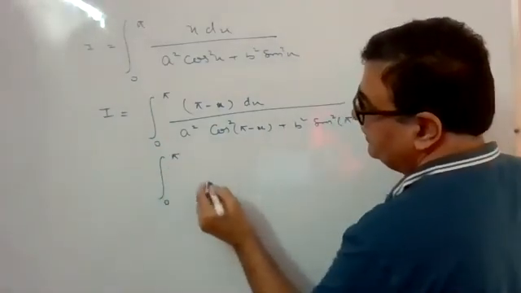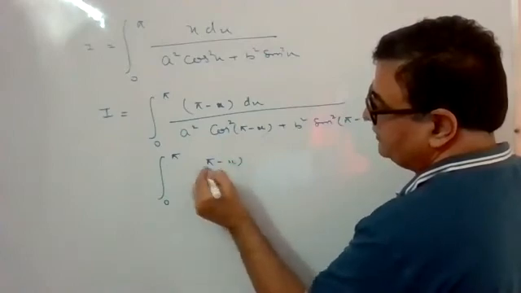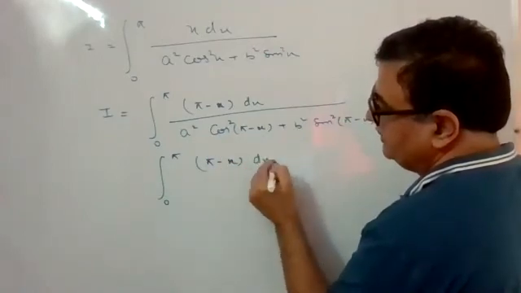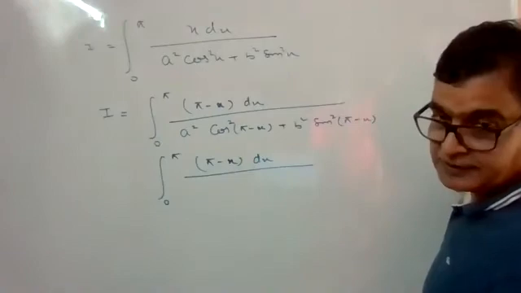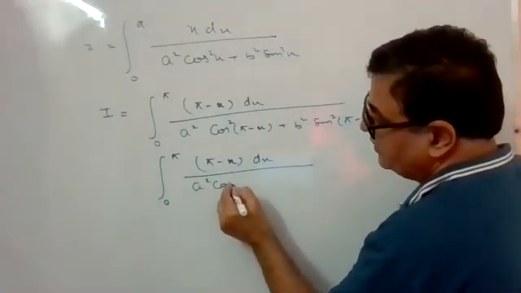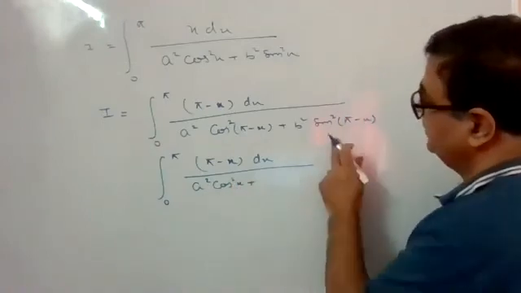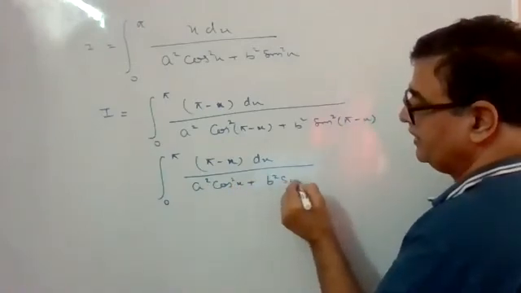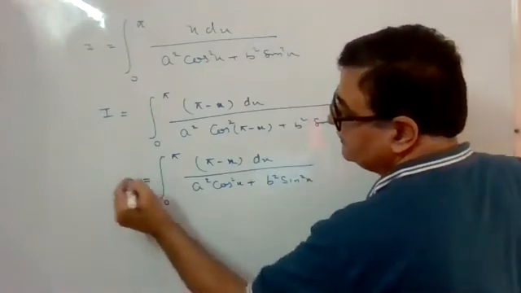Cos of pi minus x is minus cos x, but the square is there, so no problem. It becomes a square cos square x plus b square sin square x, and this is I.